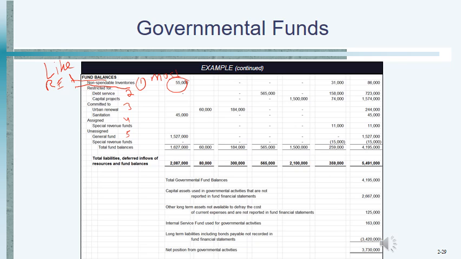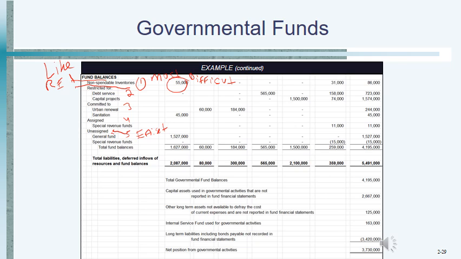You can just write most difficult, versus easiest. So the most difficult to spend, no surprise, is the what? The non-spendable. The easiest to spend is going to be my unassigned fund balance. So we have our different categories here.